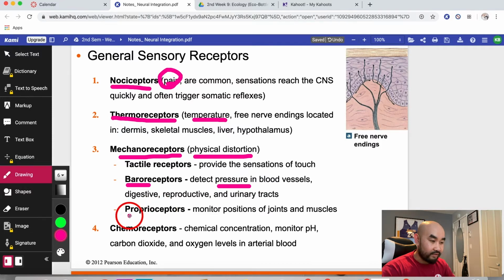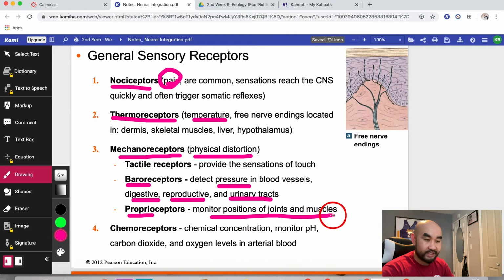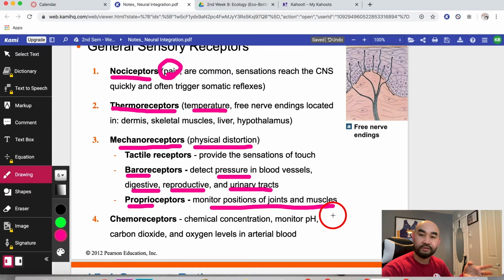And then you have blood pressure, digestive, reproductive, urinary. Like you need to pee, you feel the pressure. And you have proprioceptor, which monitors position in joint and muscle, a receptor in a joint and muscle. So we can sense body distortion, and those are mechanical, physical.